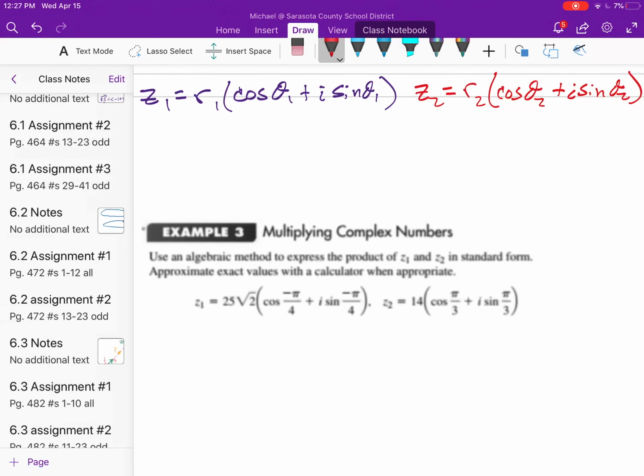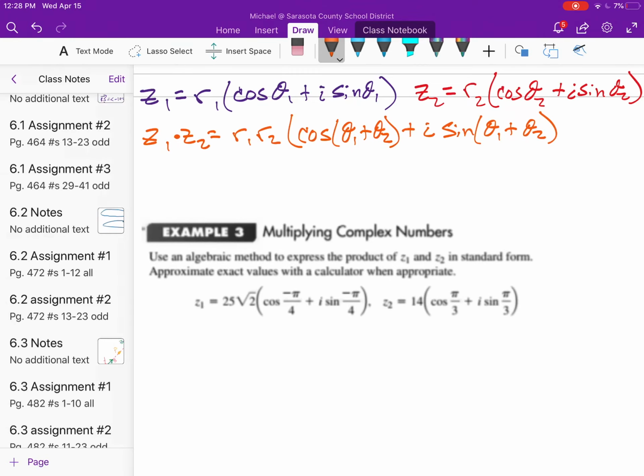So we can utilize these two formulas to multiply Z1 and Z2 together. We take r1 times r2, and inside the parentheses we add the two direction angles: cosine of theta 1 plus theta 2, plus i times sine of theta 1 plus theta 2.